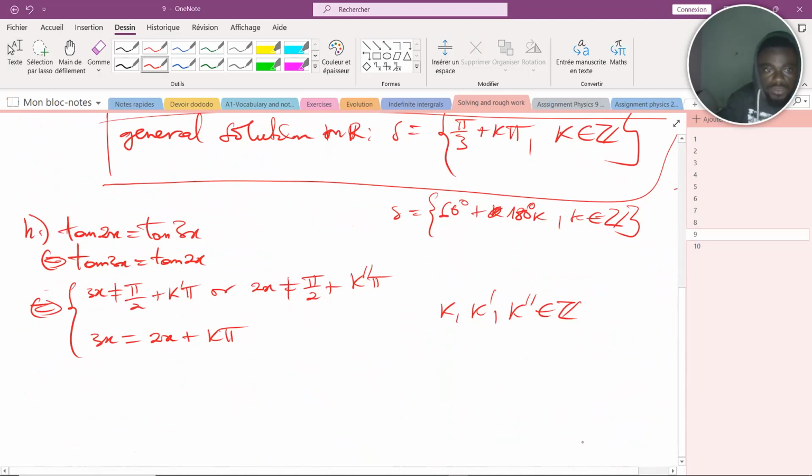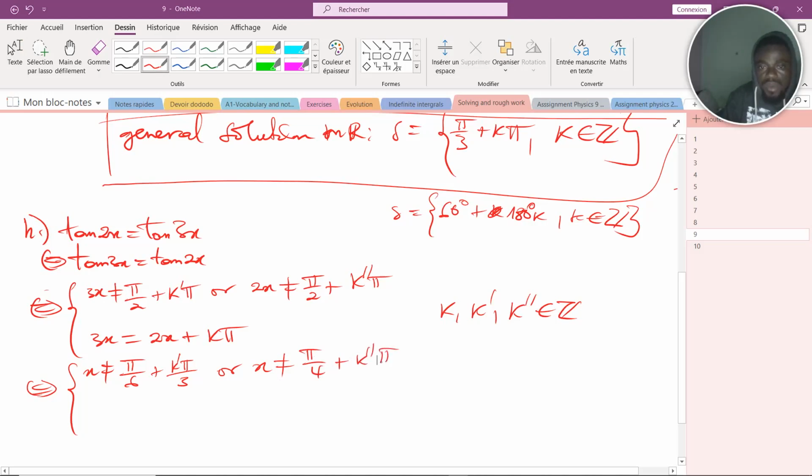So we are here. This implies that x must be different from what? When I divide all through by 3, x must be different from pi on 6 plus k prime pi on 3, or x must be different from pi on 4 plus k second prime pi on 2.